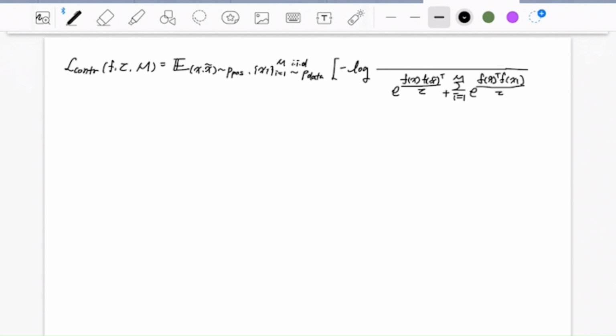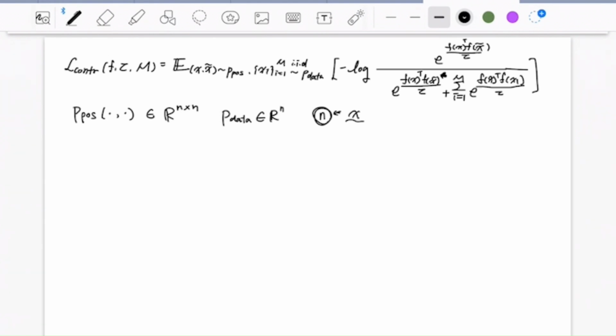And we can write here the expectation of, this transpose is to be here, tau, like this. So this is the goal equation that we want to derive, and the P positive is the distribution over R^n by n, and the P data is a distribution over R^n, and n is the dimension of this x variable.